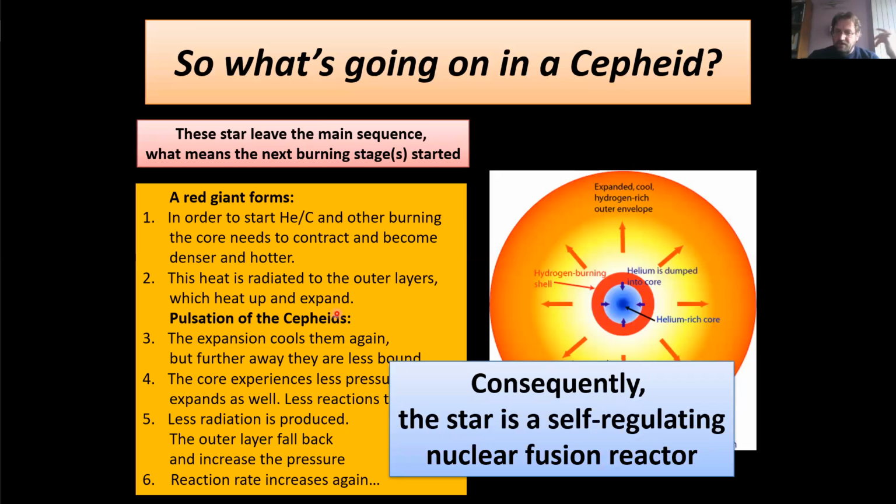So we have this self-regulation, and we now understand what is going on in the Cepheid variables. If you observe a star that is significantly pulsating, you know it's in retirement, and soon it's going to interstellar hospice, like Betelgeuse. So its end is coming.